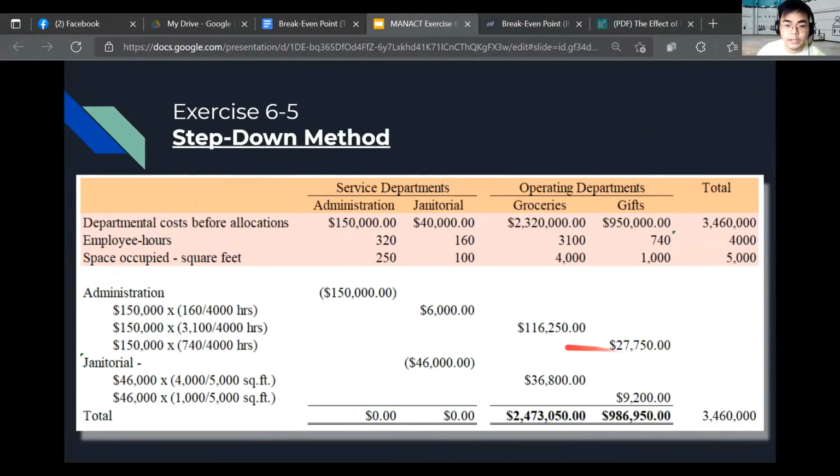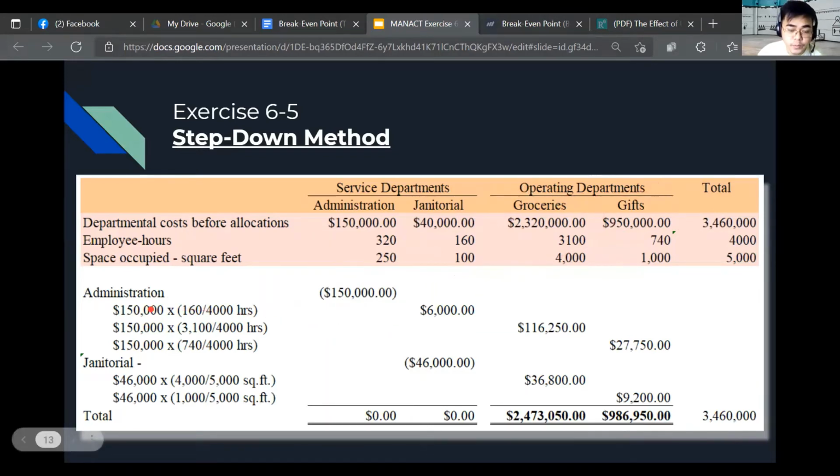So here's the answer. Here are the givens. First we allocate the cost for administration, which is 150,000, to be allocated to the janitorial, the groceries, and the gifts department.